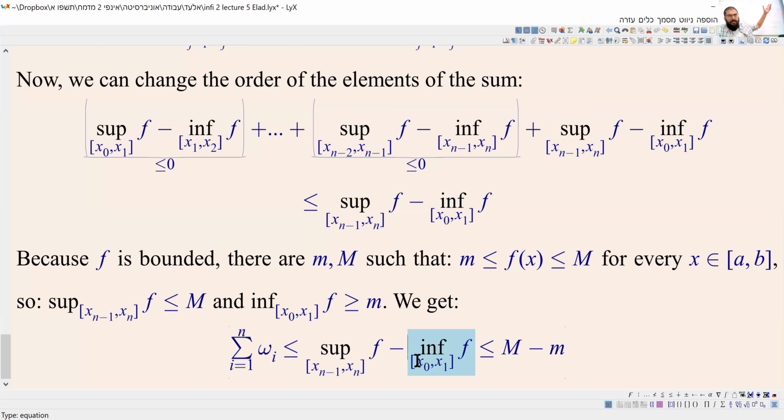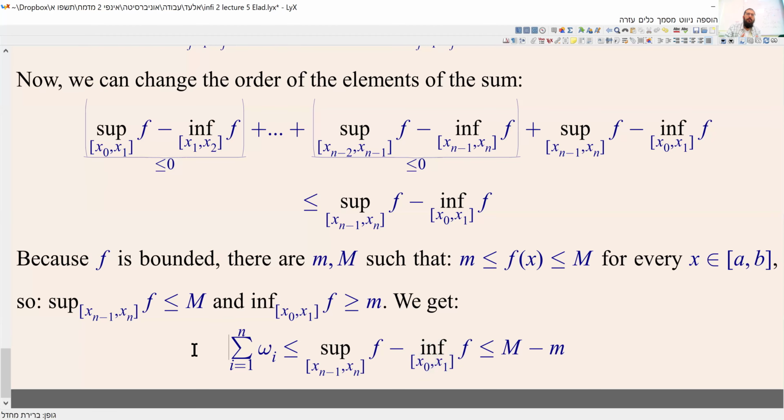The difference between, for example, 4 and 3 is of course less than the difference between 5 and 2, if the big one is bigger and the small one is smaller. And as we wanted, the sum of all omegas is actually bounded.